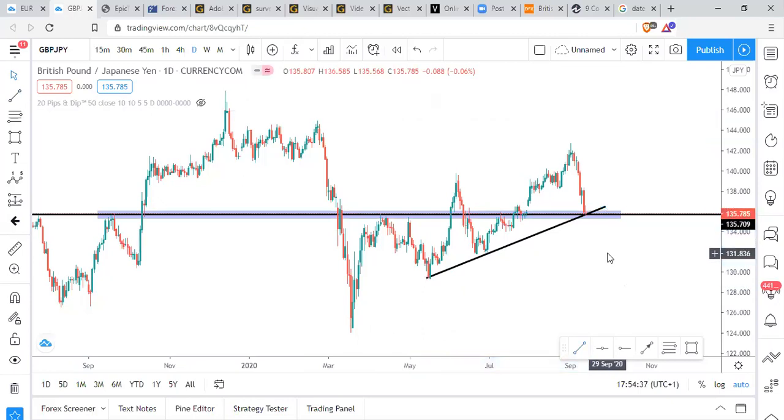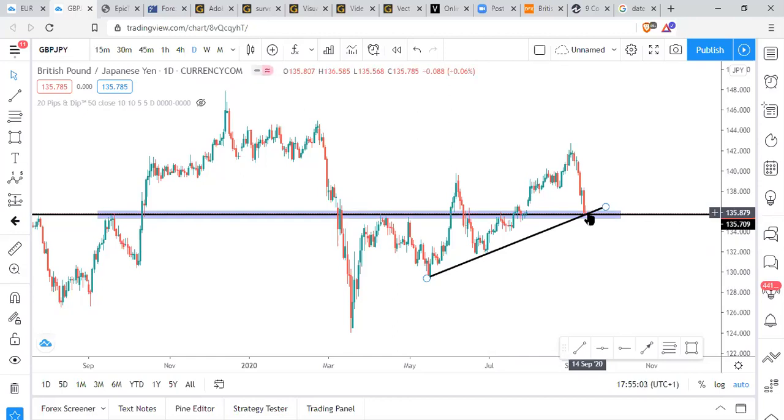What are you seeing? Price is both at my horizontal support and my diagonal support. So price is currently at two of my supports.